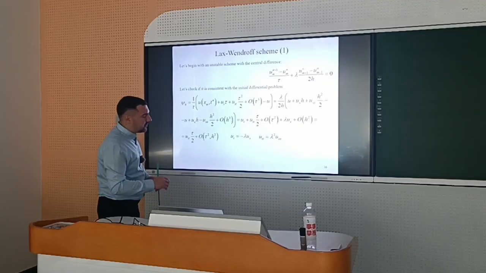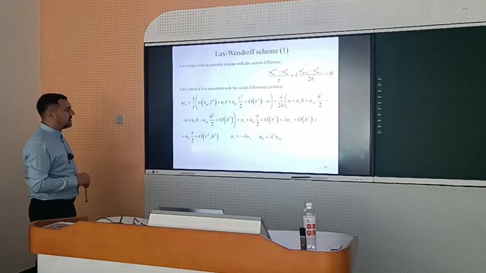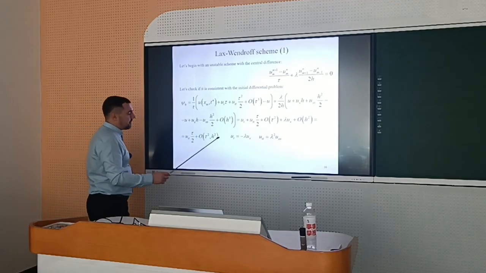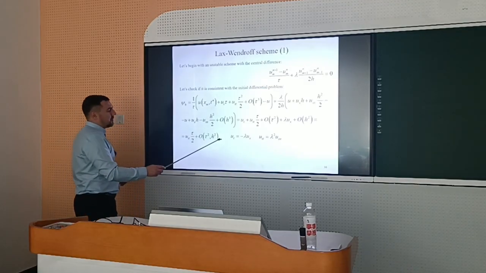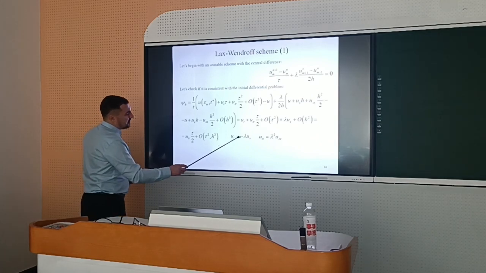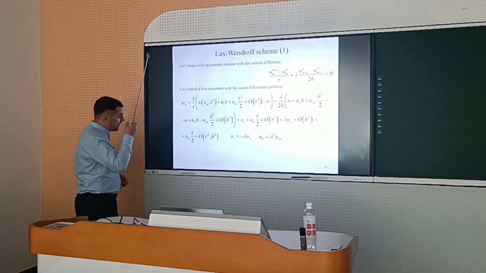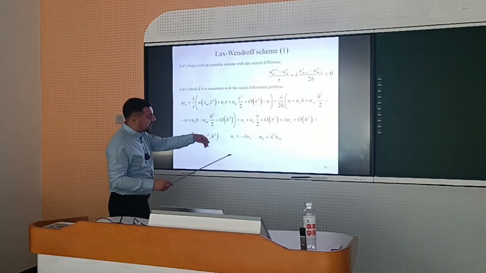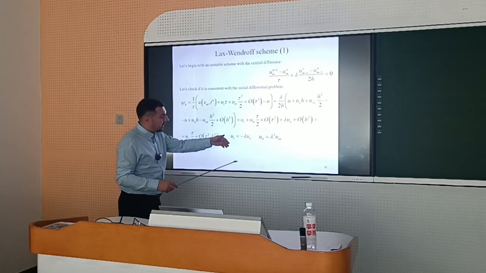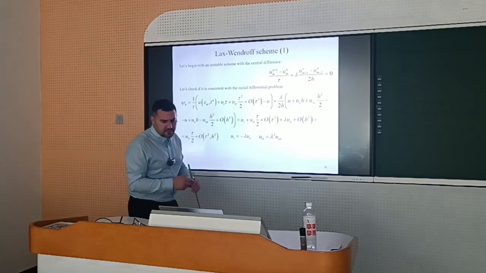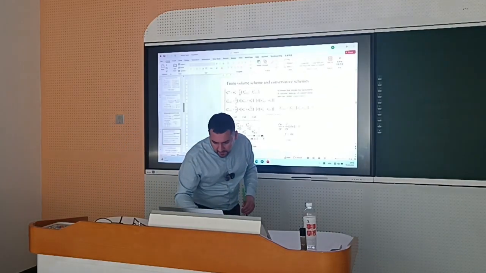So let's do the following steps. We will use the consequences of our equation. So we solve this equation: ut equals minus lambda ux, right? Then we can take derivatives in t and in x. I have this on another slide, I will show you.